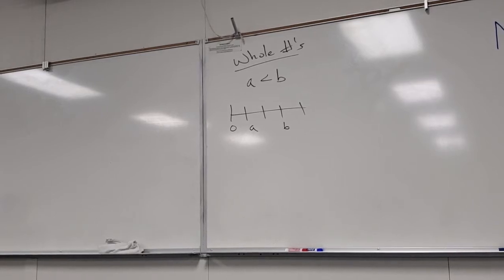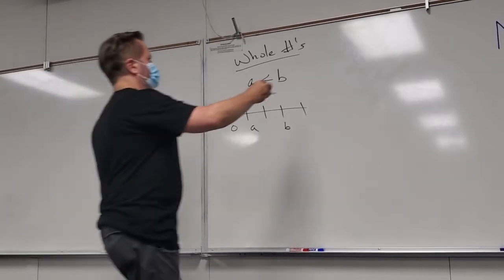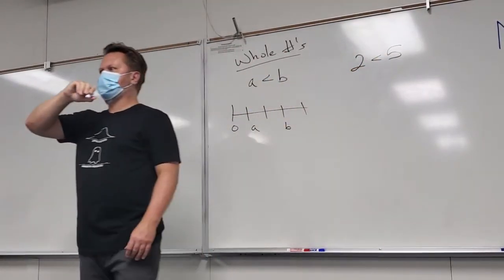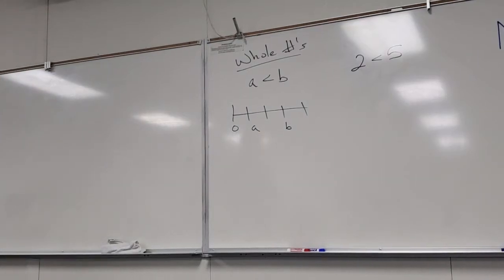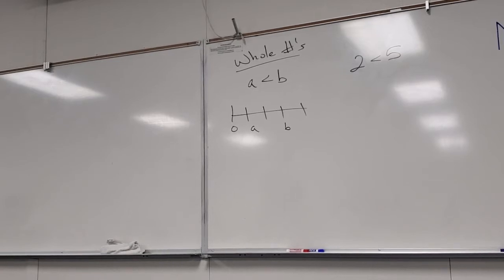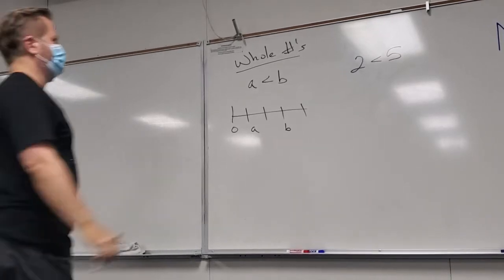Let me lead you down a path. Is this true? Yes. So one quick way to see why that's true: what do you have to add to 2 to make it 5? 3. Good.